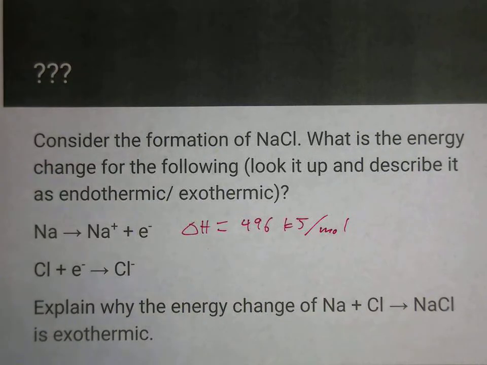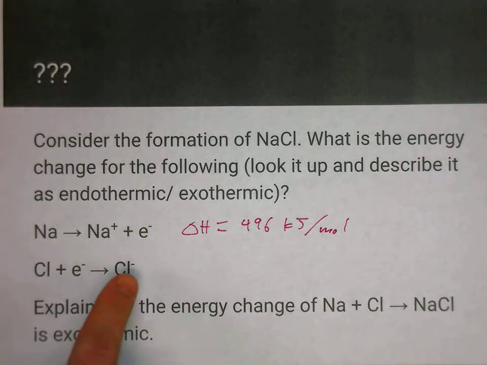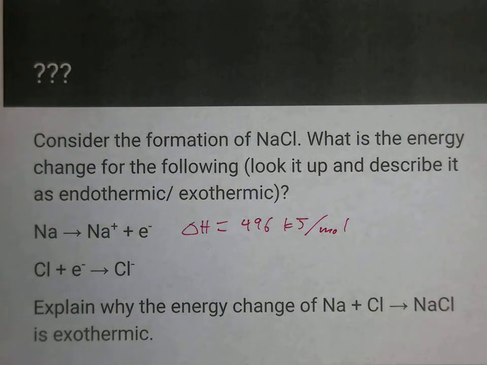So it is putting energy in. You have to put energy in for the electron to be removed. All right, well, let's consider this one here. We can also look up the value for the addition of an electron to the chlorine, and that one is called the electron affinity.